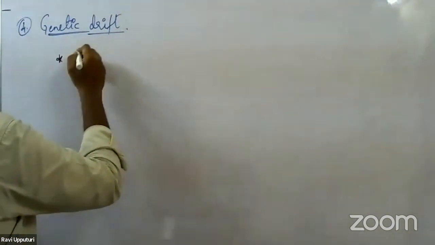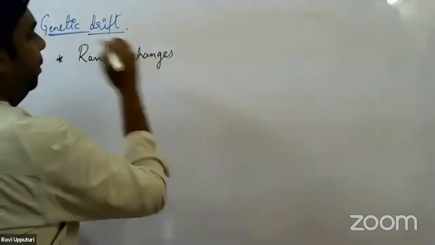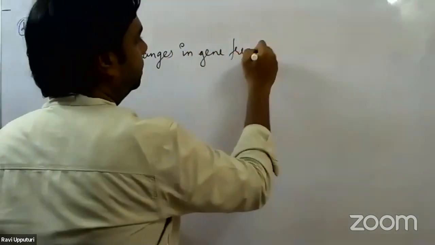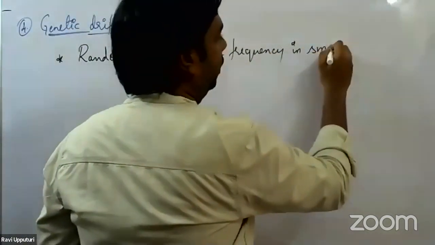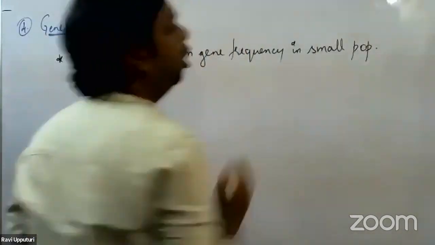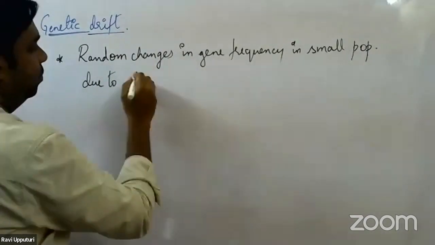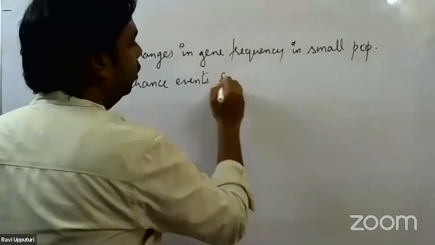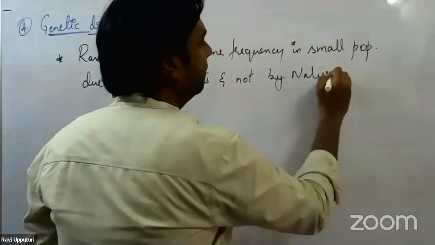Right? So, the changes in the gene frequency. We can put it this way: random changes. A few important things you need to remember here: random changes in gene frequency in small population caused due to chance events and not by natural selection.